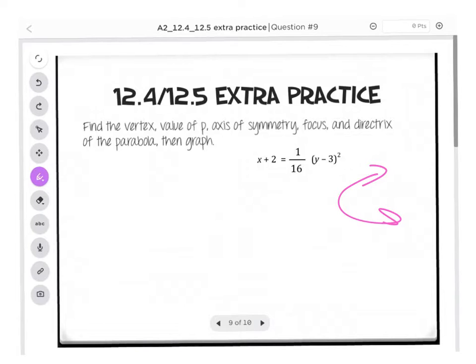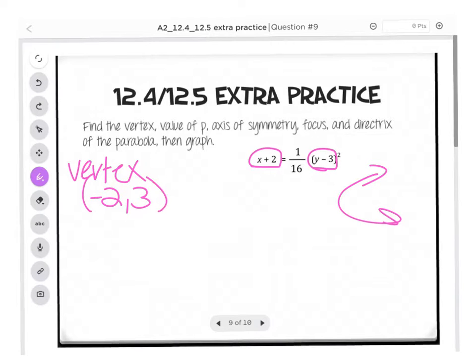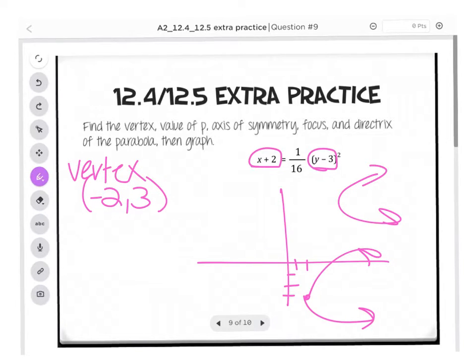Now my vertex comes from the opposite of what follows x and the opposite of what follows y. So the vertex, which is your h and your k, would be negative 2, 3. So already I know what it looks like and which direction it faces. Now I've got to find p.